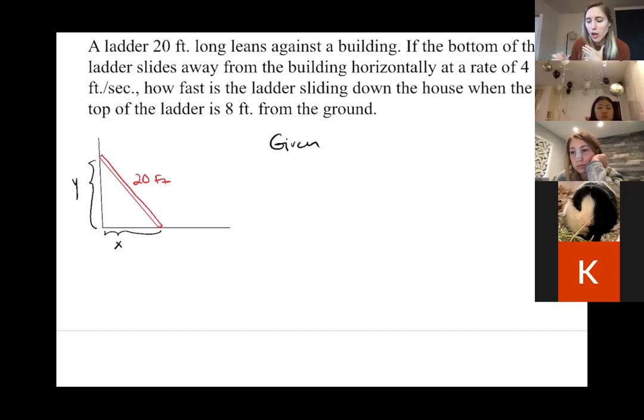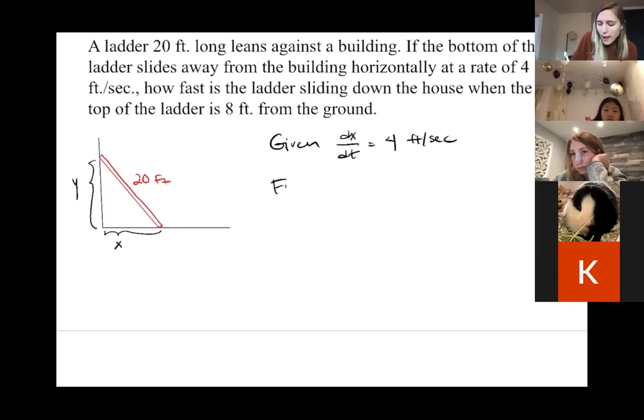Larger. It would be getting larger. So that tells us that dx over dt is going to be positive 4 feet per second. If it were being pushed in towards the wall, then X would be decreasing and our rate would be negative 4 feet per second.